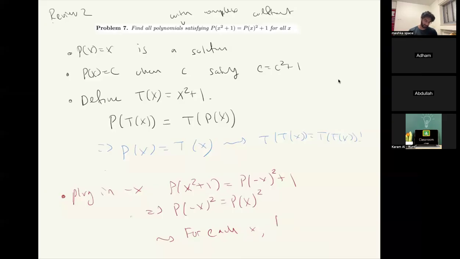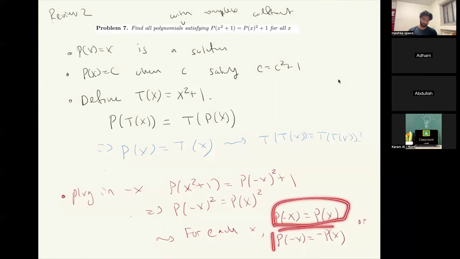It means that for each x, P of negative x equals P of x, or P of negative x equals negative P of x. Okay? But it doesn't tell us that the function is odd or even, right? Because odd or even would mean that either this is true for all x or this is true for all x. Do you see the difference? The order of the quantifiers matters.